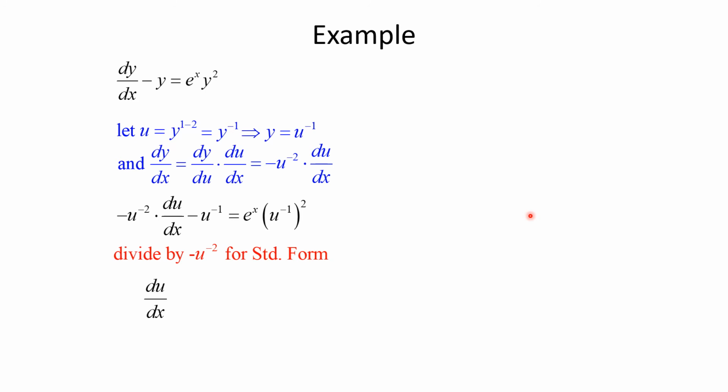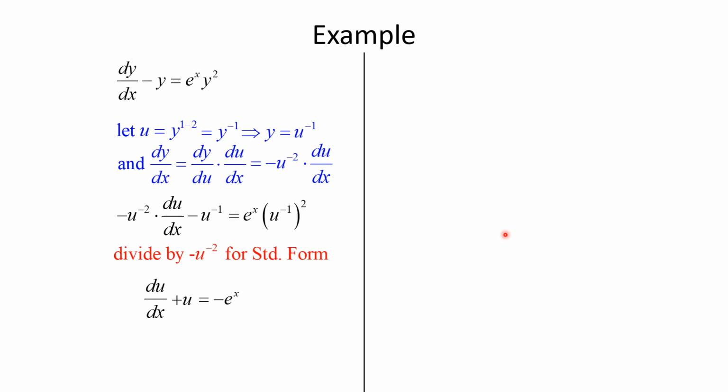On the second term, if we divide a negative by a negative, it becomes a positive, and u to the negative 1 divided by u to the negative 2 just gives us u. On the right-hand side, if we divide a positive by a negative, it becomes negative. e to the x will stay the same. And then we have u to the minus 2 divided by u to the minus 2, so those will cancel out. So the standard form of our equation is going to be du dx plus u equals negative e to the x.